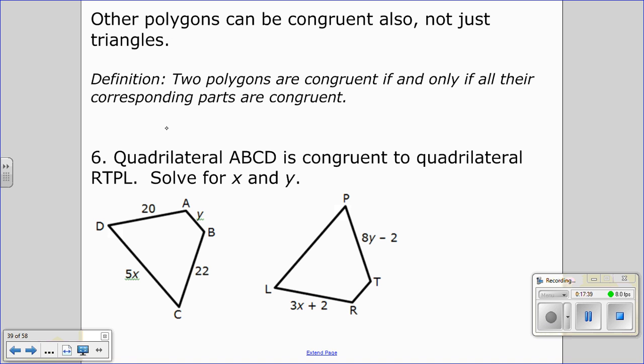So let's solve for x first. I have x located here on side DC and side LR, but are they congruent? No, they are not. However, I do know that LR is congruent to DA.